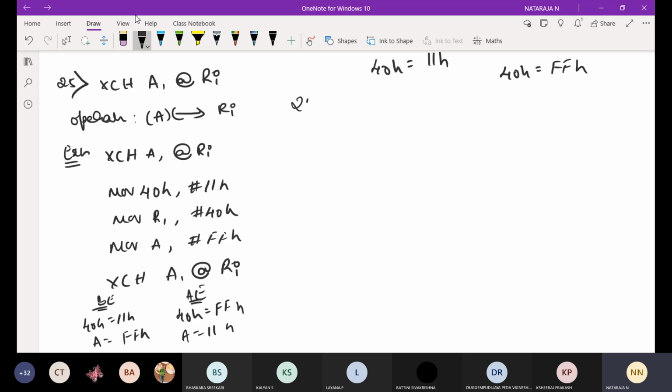Next instruction, the 26th instruction, exchange digit A comma at RI. Take the description for this.